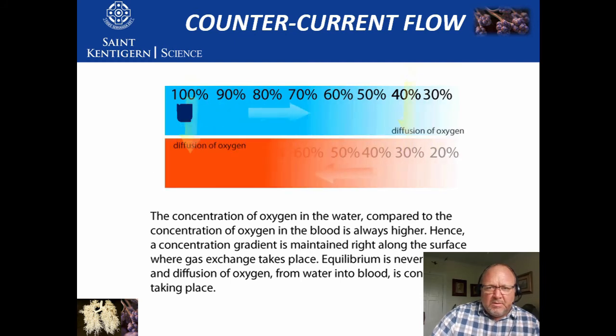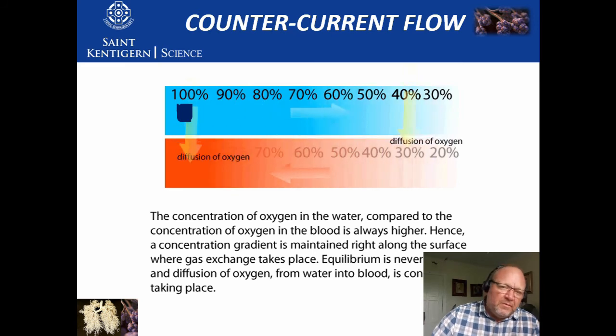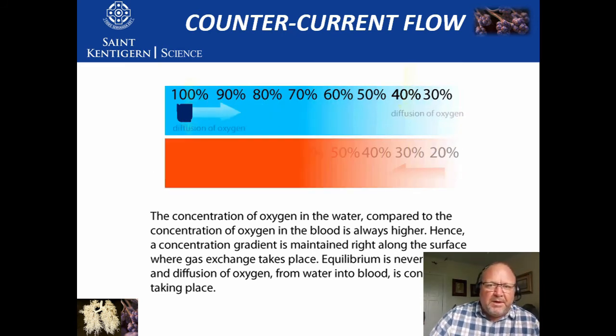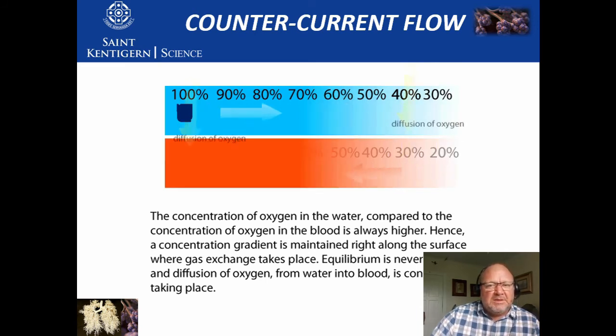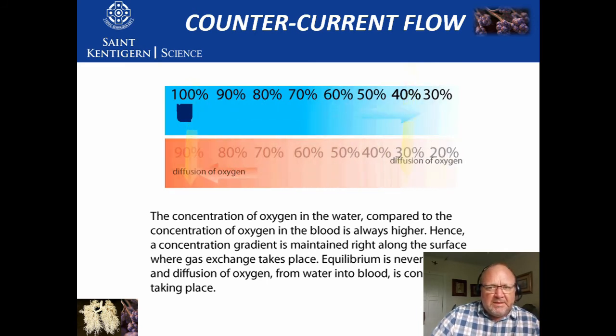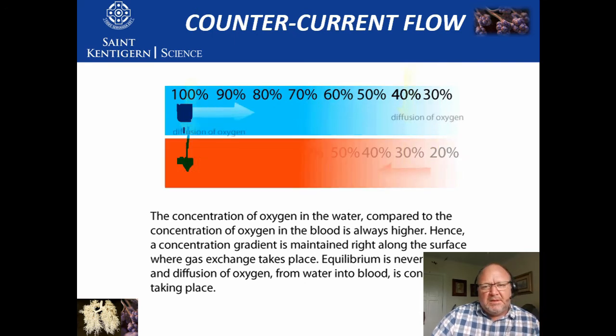So the water is 100% oxygenated, and let's say that 100% was only 4% oxygen. Don't really worry about the numbers. The point is, the concentration in the blood will always be lower than in the water, so the oxygen will flow into the blood.